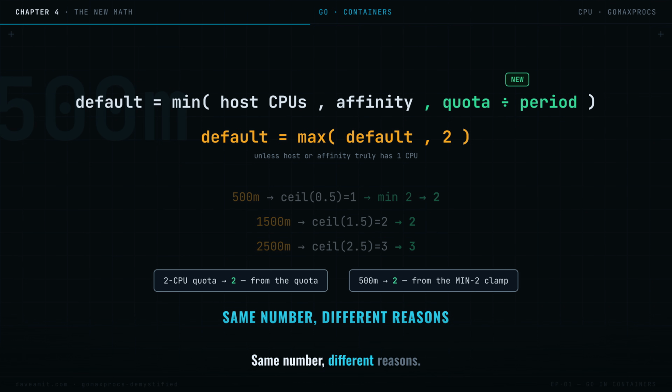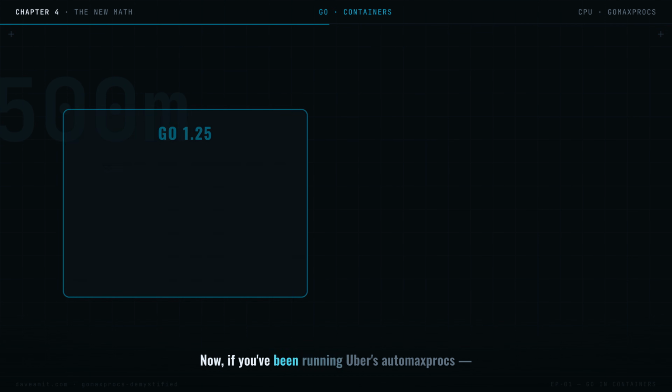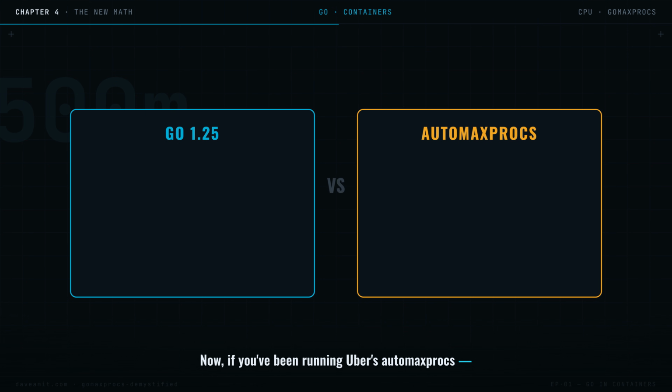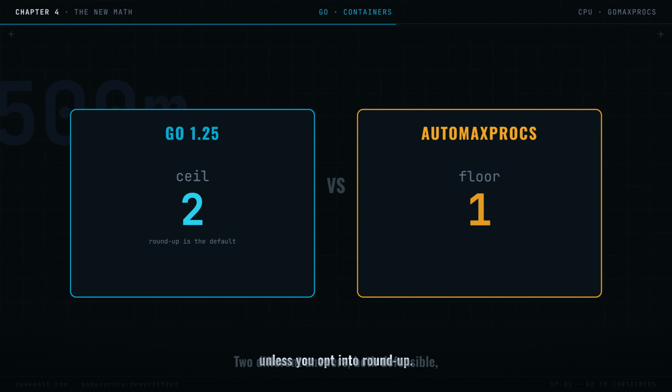Same numbers, different reasons. Now, if you have been running Uber's automaxprocs, and statistically you have, this is a different answer than you are used to. Because automaxprocs rounds down by default, unless you opt into round up.